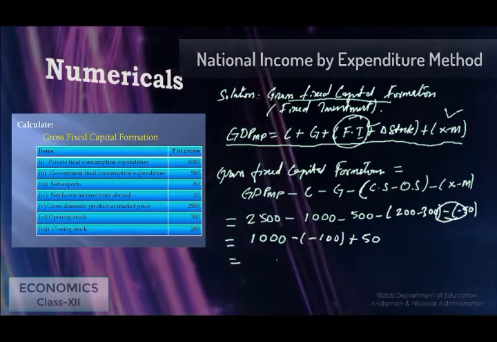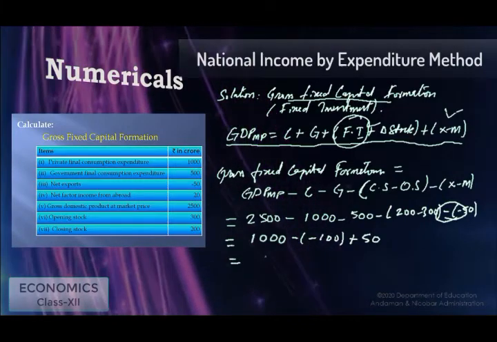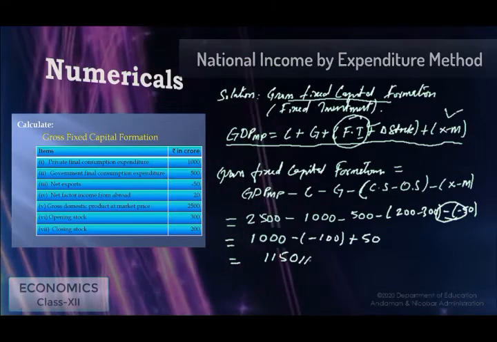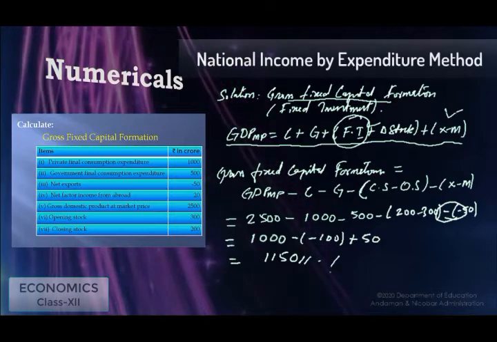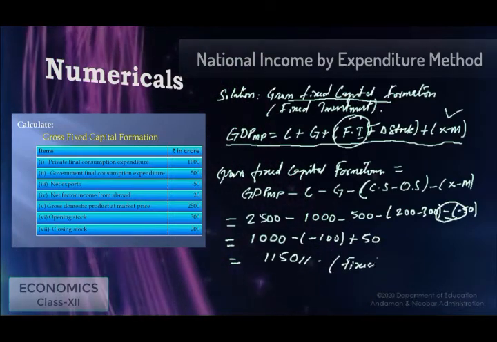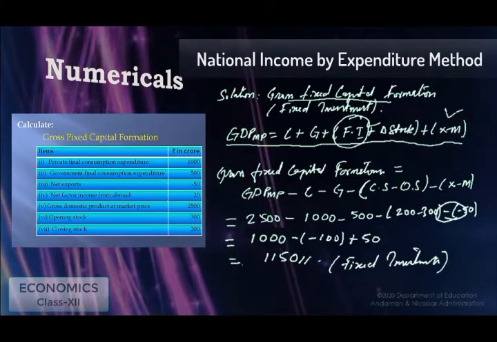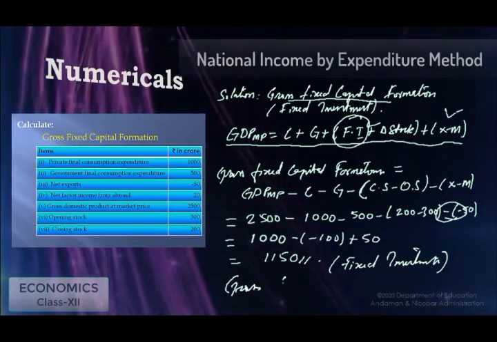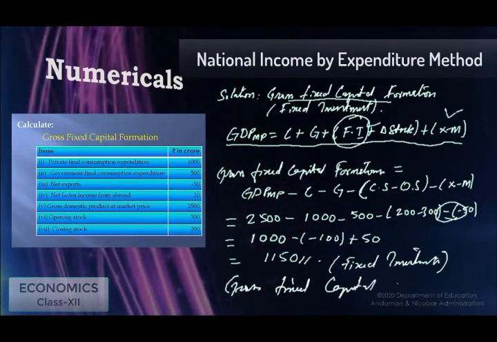So at last we get the value of gross fixed capital formation as 1150 crore. That is the value of fixed investment, or it can be said to be the value of gross fixed capital formation.